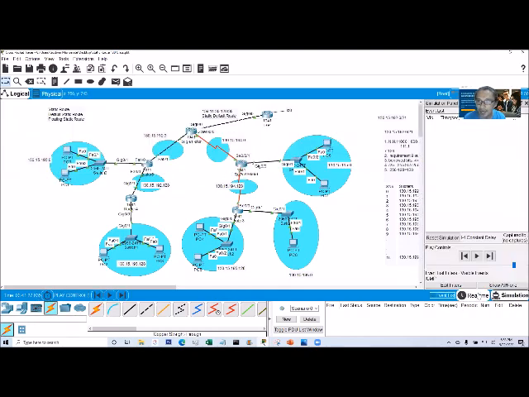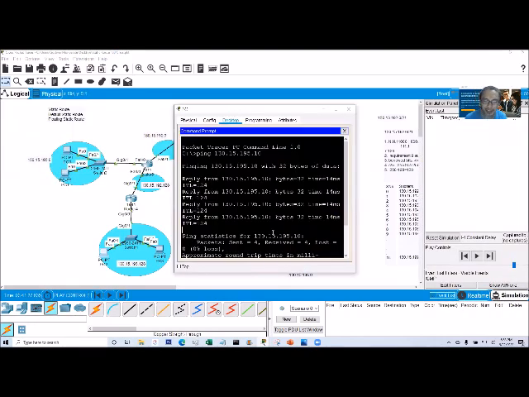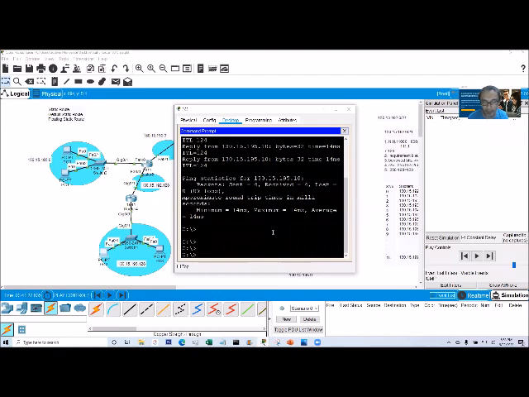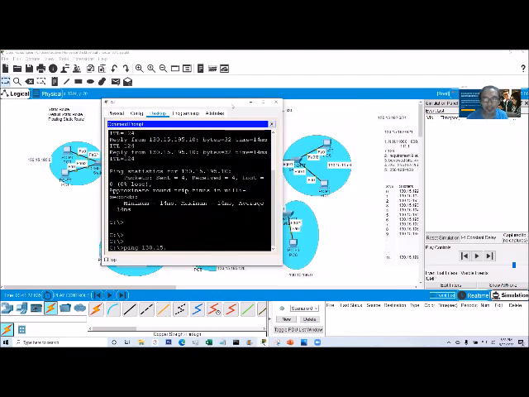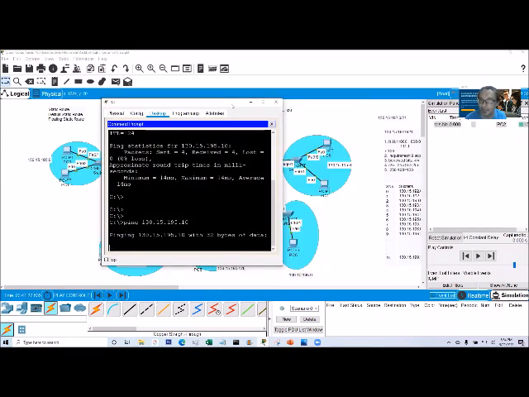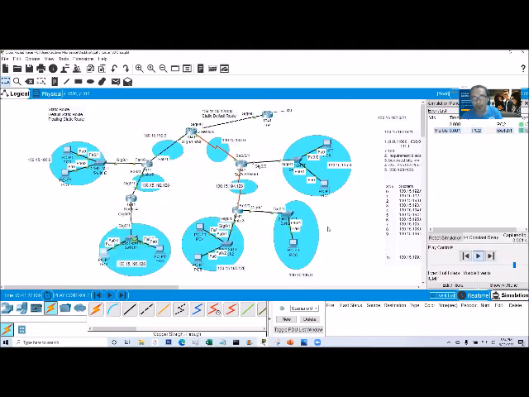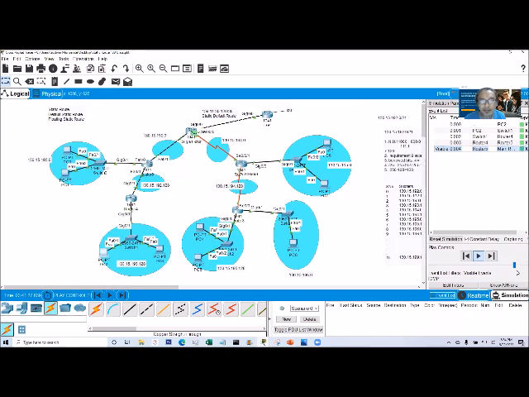We are going to simulate pinging an IP address which does not exist on this network. I ping 130.15.195.10. Let's see where this packet will go. Okay, so there is no 10.